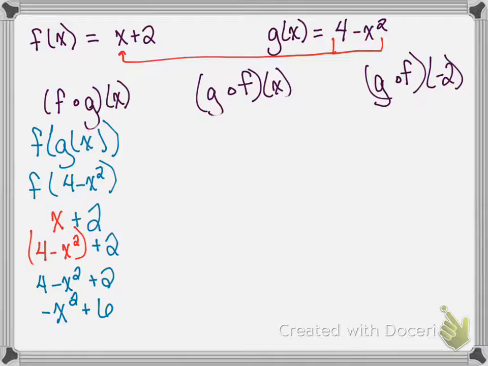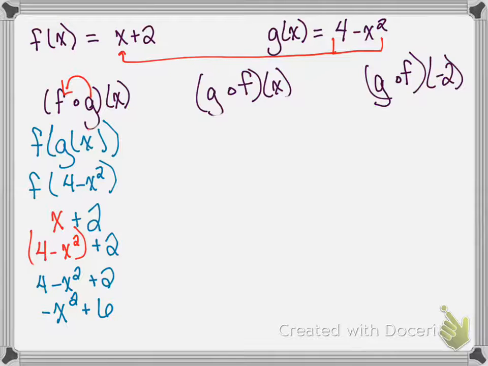So I started, like f of x is what I was using. I had x plus 2. Then I took my g of x and plugged it in for the x in f of x. So I take g and plug it into f.